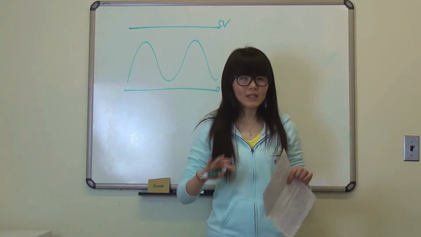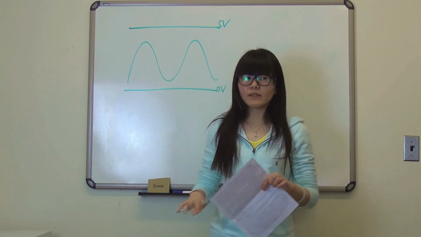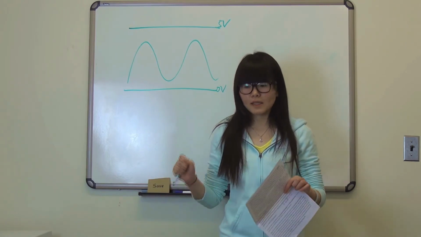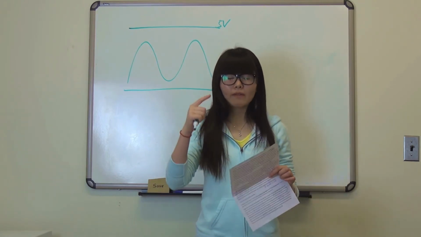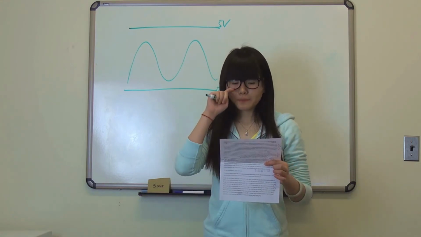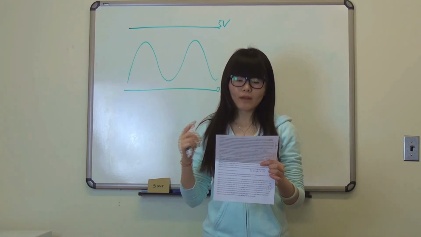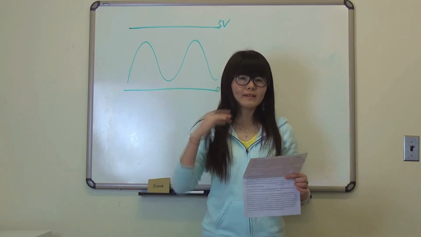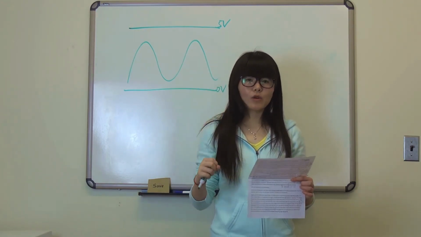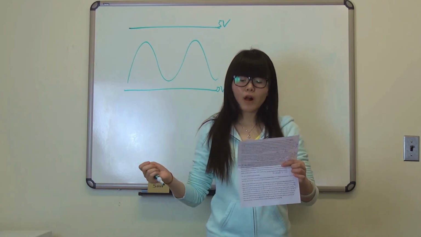Now let's talk about digital signals. Digital signals are different from analog signals, and these only have two values, on or off. We often see it represented as 1 or 0, with 1 representing high or on, and 0 representing low or off.